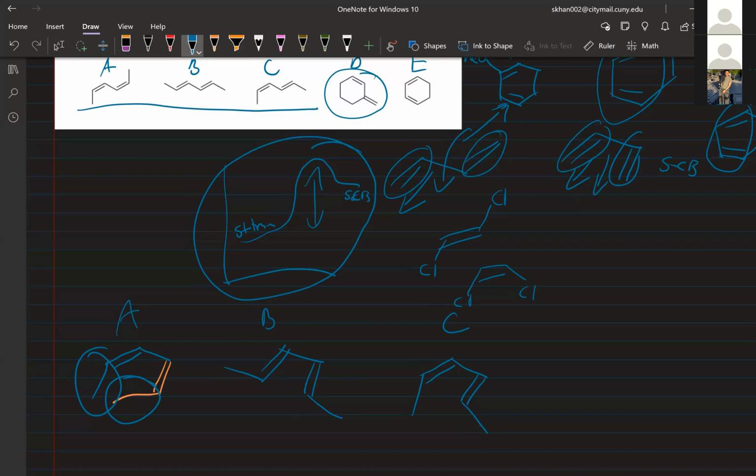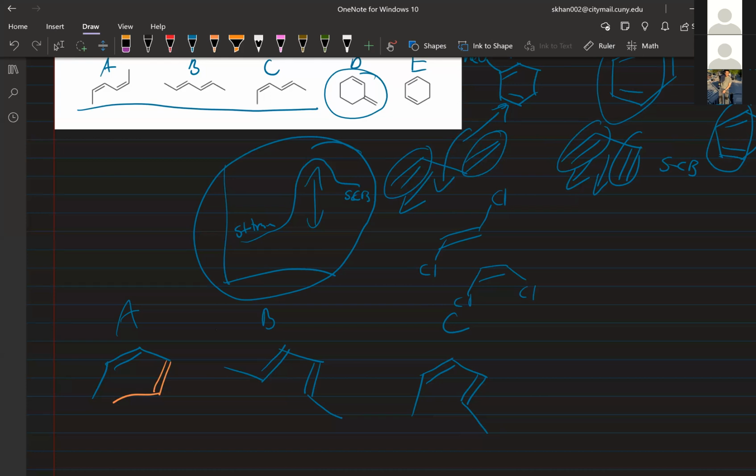So the steric repulsion is going to be greater between two methyls that are both inside as opposed to when they're outside. So when you're maximizing inside groups, it's harder for that thing to conform. So A is going to be the hardest to rotate, which means if it's hard to get to S-cis, would that make it more reactive or less reactive?